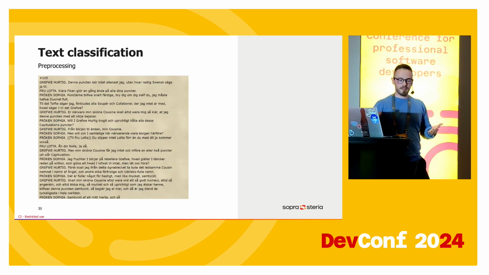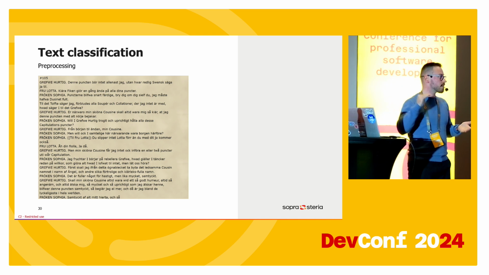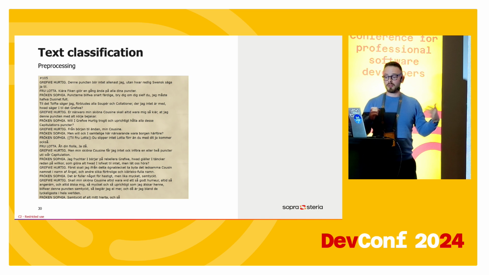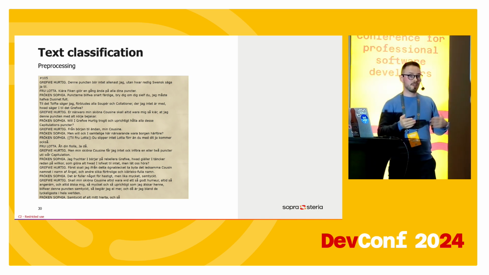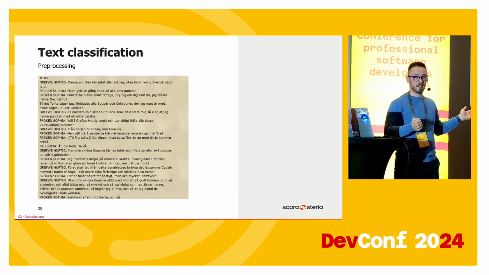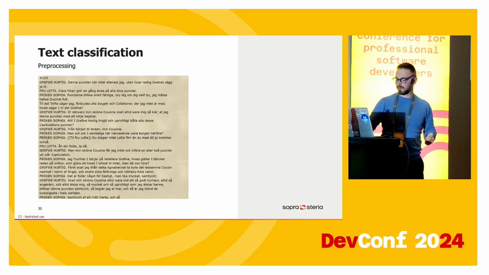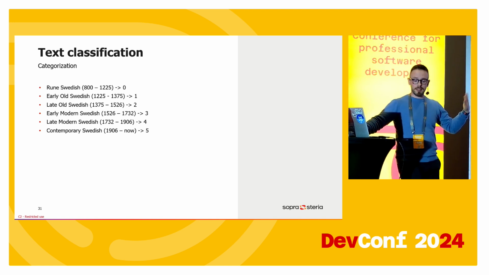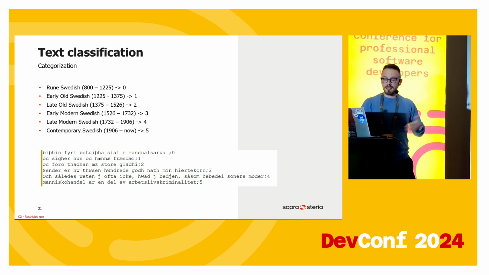Another example from the database with texts: I had a text from the theater with roles. I do not want to have, like, Fröken Sofia, which is one of the characters, with her name spotted multiple times, because this will influence my model. So I need to clean such text as well. So it's time-consuming and challenging, but when I was done, I could go to the next step, which is categorization. For every period, I chose a number, like an enumeration, and assigned it to every meaning.